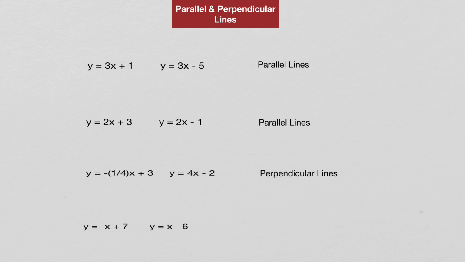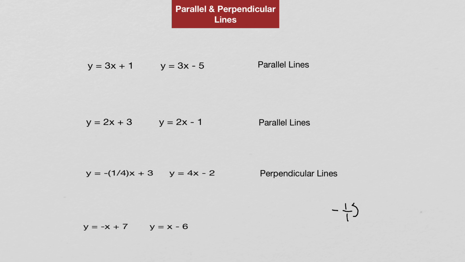And the last example, we have y equals negative x plus 7 and y equals x minus 6. Let's take a look at the slopes here. This is a negative 1. This is a positive 1 in front of the x, because it's implied and not written. The negative reciprocal of negative 1 is just 1. So let's write that out. Negative reciprocal of negative 1. So we have negative 1 over 1.